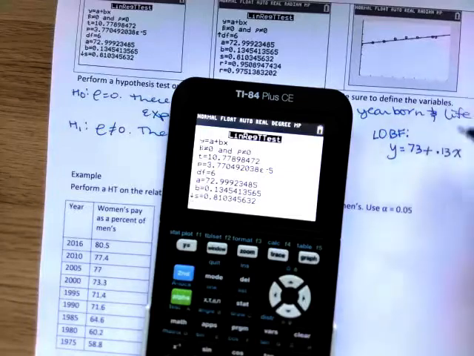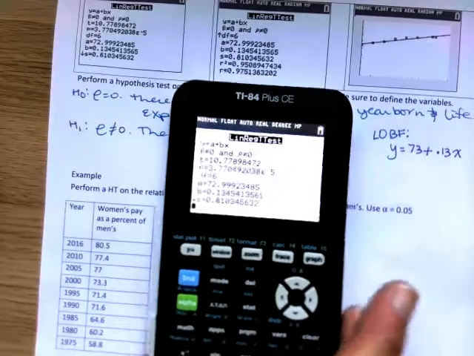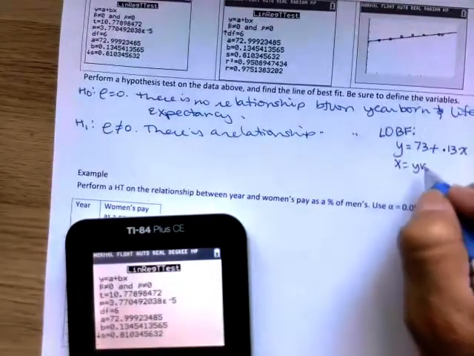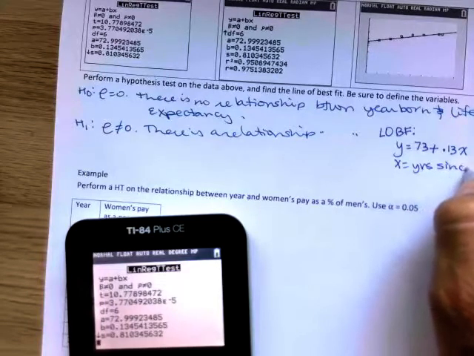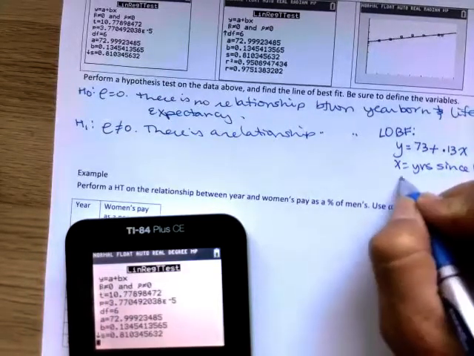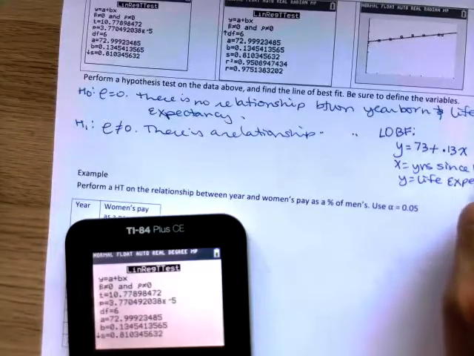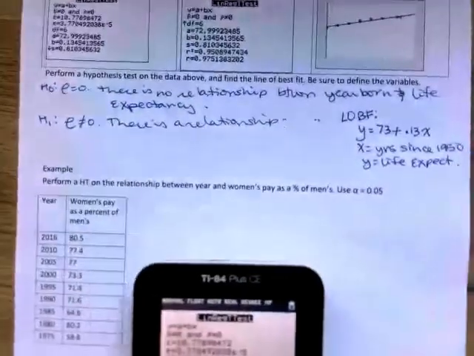And x is, again, the years. Oh, I haven't said that yet. X is the years since 1950. And y is the life expectancy.